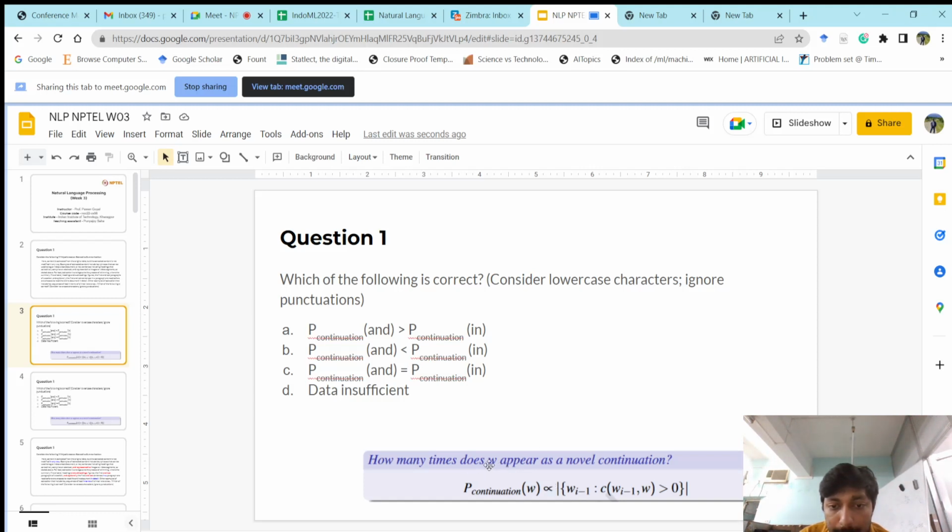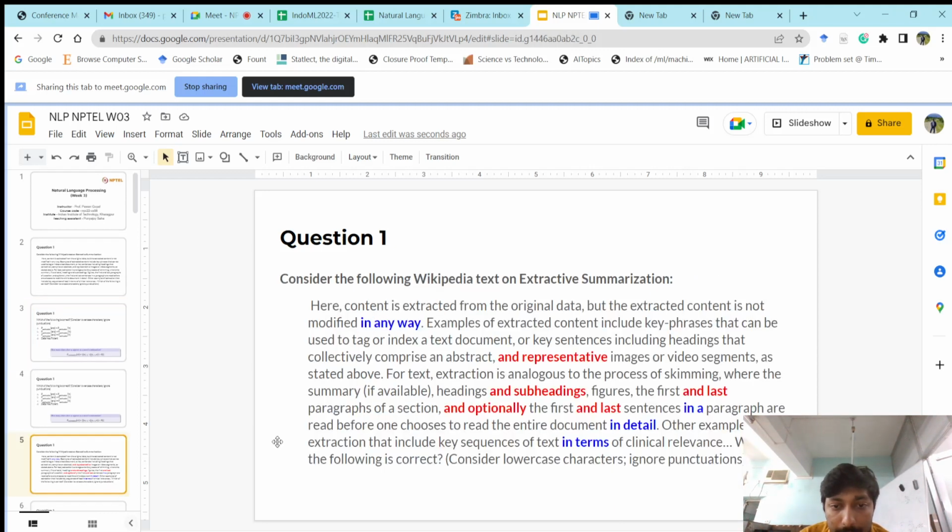How many times does W appear as a novel continuation, W_{i-1} comma W?